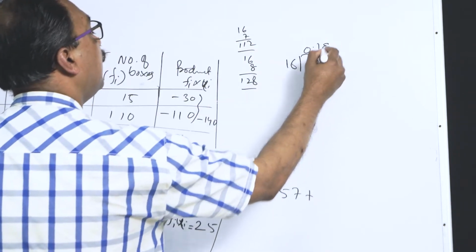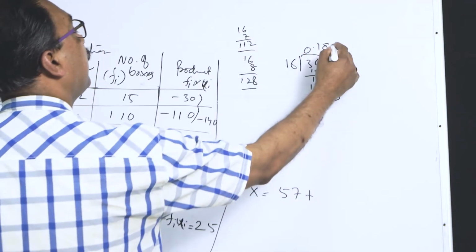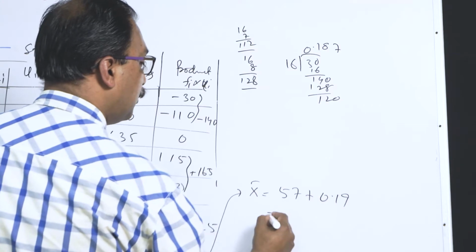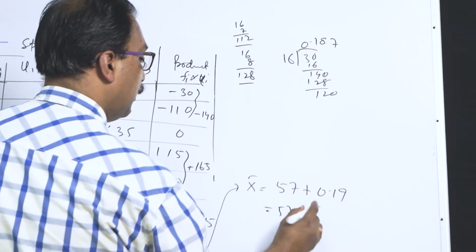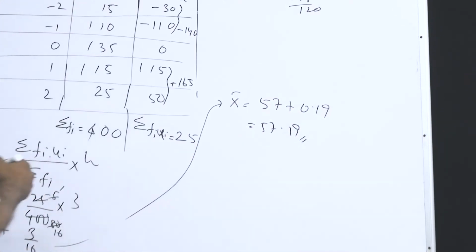So 16 8s are 128. This will be 120. So 16 7, so we can say 0.19. So it is 57.19 approximately. This is the way we can find the mean.